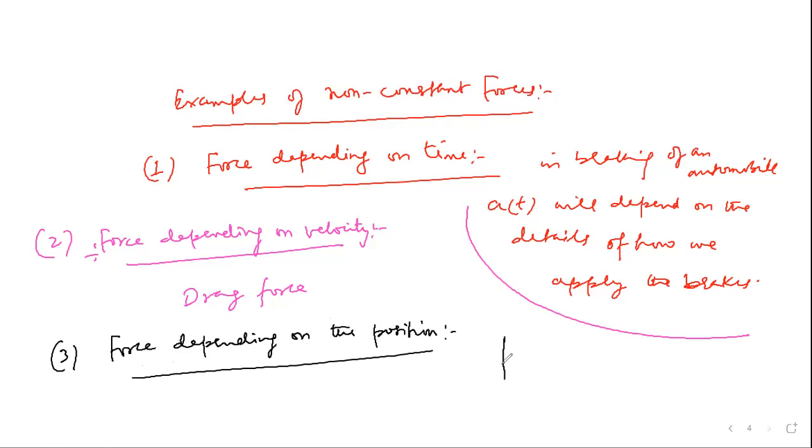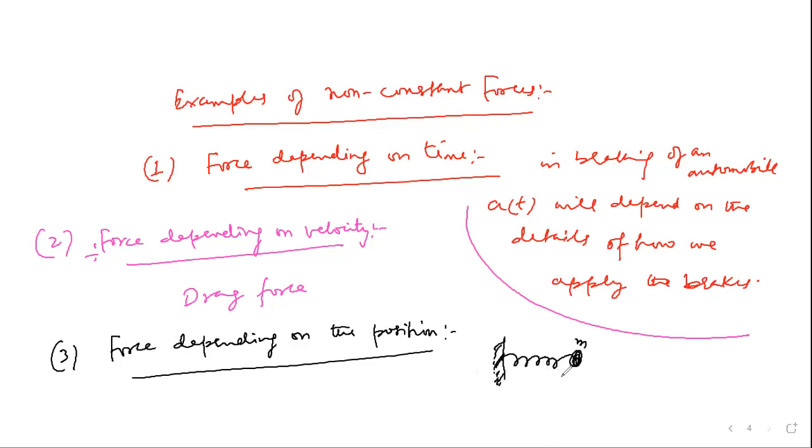For example, if you attach a spring to some mass m, if the spring is at its natural length, that means spring is neither stretched nor compressed. That is the meaning of natural length.